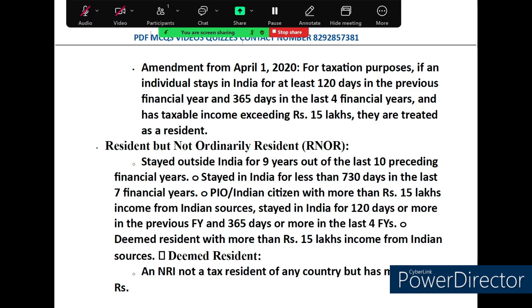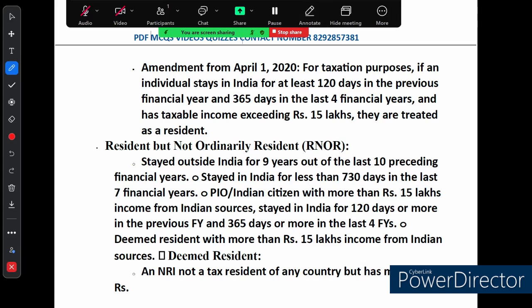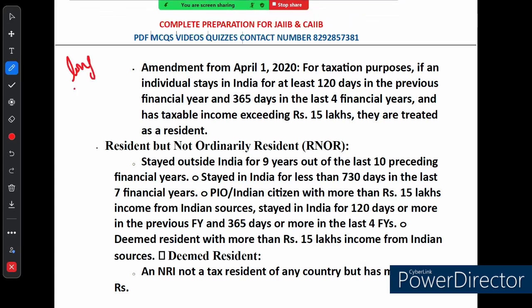To sum it up, being classified as a resident or an NRI depends on how long you stay in India and your income level. Two things decide: first, how long you stay in India, and second, income level. Recent changes have adjusted the rule, especially for those earning more than 15 lakh, to ensure fairness in taxation.